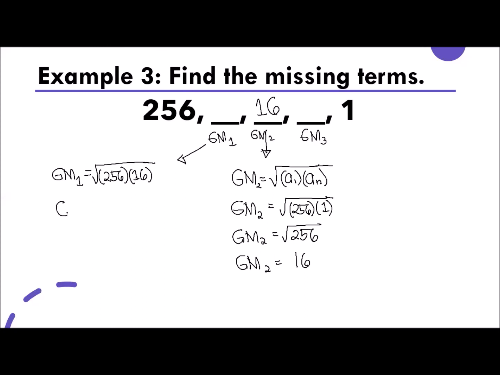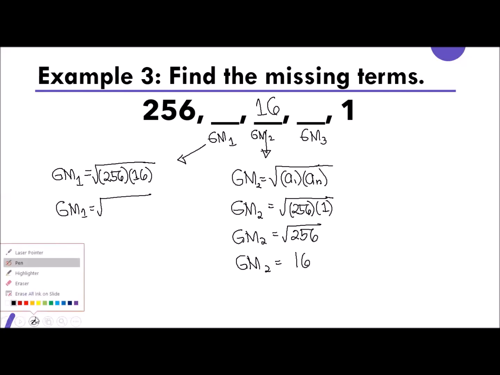Okay? And then, pwede pa nating ito pala ay paghiwalayin. Sorry. Kasi nakuha na natin si square root of 256, right?